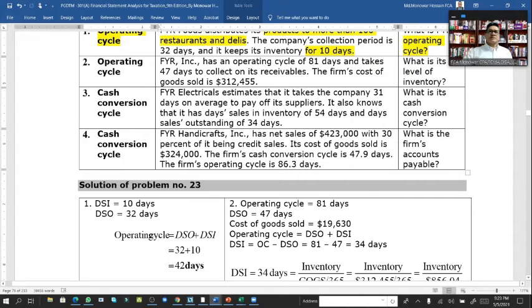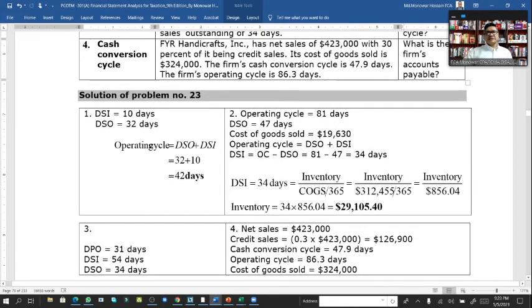Same way, also we can calculate here operating cycle 81 days, takes 47 days collection on the receivable, and the company's cost of goods sold 3,12,455. So what is the level of inventory? Level of inventory is here. Look here.